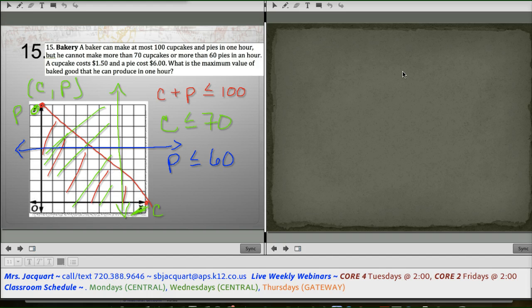We'll call this 60. So we could begin to see that our shaded region is from here, there, there. We got 4 points that we got to check out.